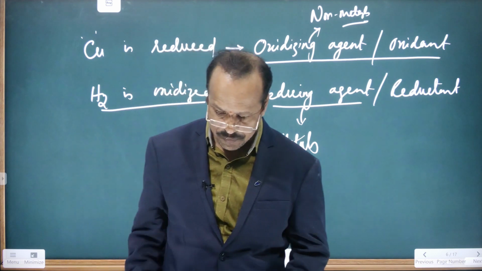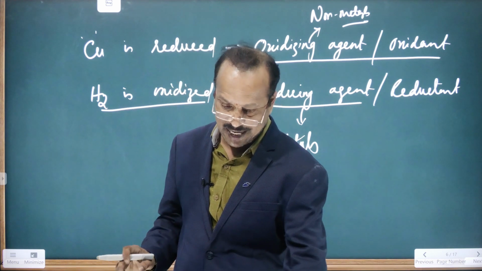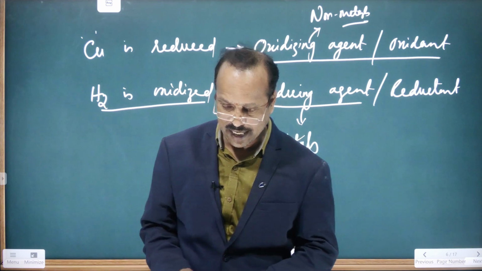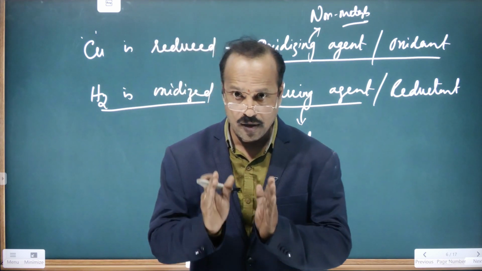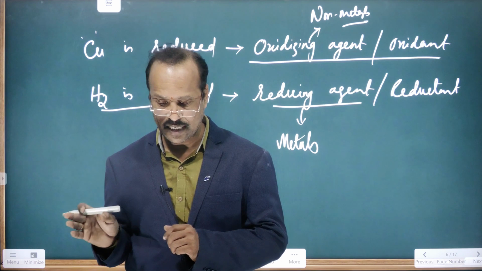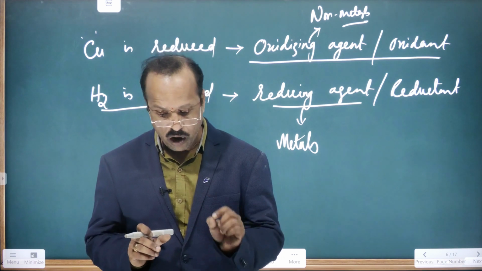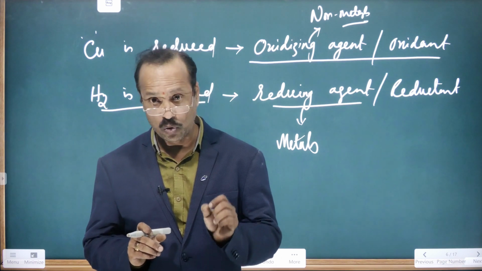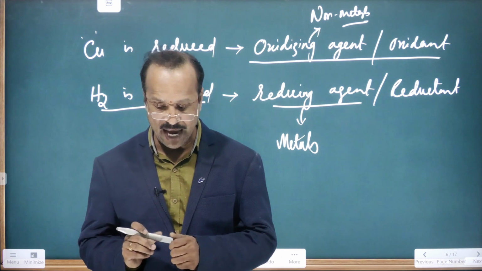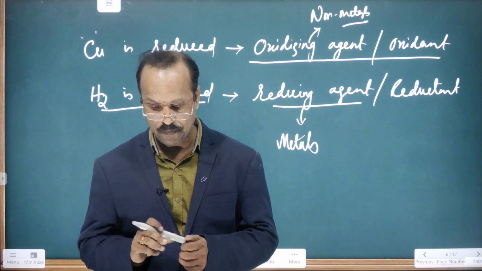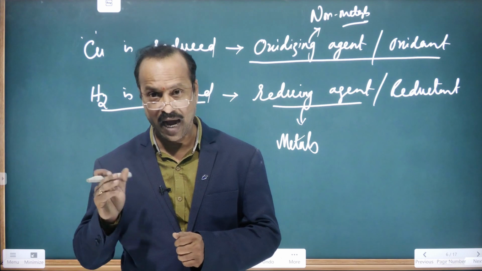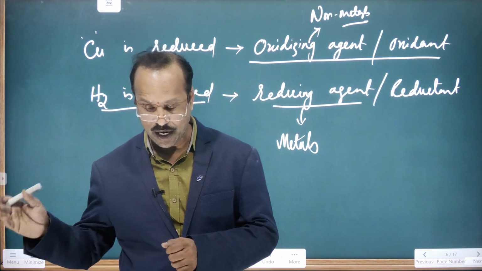Now here some extra information is given to you. In gases, see which act as oxidizing agents and reducing agents. Oxygen O2, O3 ozone, chlorine, fluorine, they act as oxidizing agents. Reducing agents are hydrogen, ammonia, hydrochloric acid.